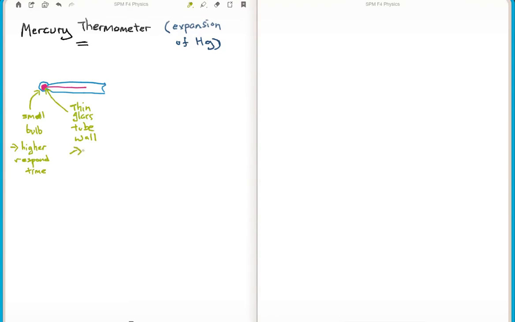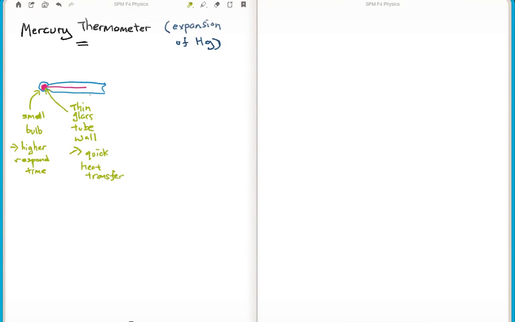It breaks easily, but why make it so thin? Because if it's so thin, the heat can be transferred more efficiently, very quick heat transfer. Even though it's a thin wall and very fragile, it needs to be very thin so that the heat can be transferred very fast and efficiently.